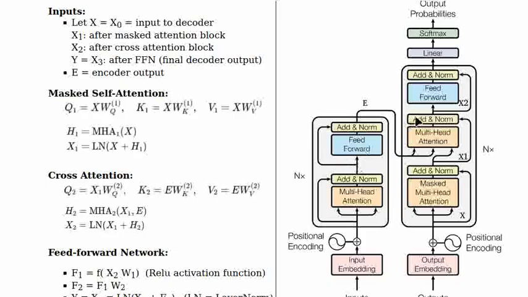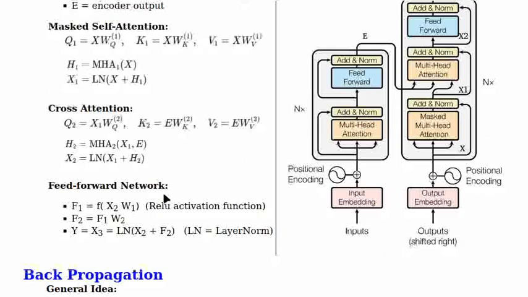And then this X2 will go into the feedforward network. So we calculate F1 to be f of X2 W1. The lower case f here means the activation function. We can use the ReLU activation function.